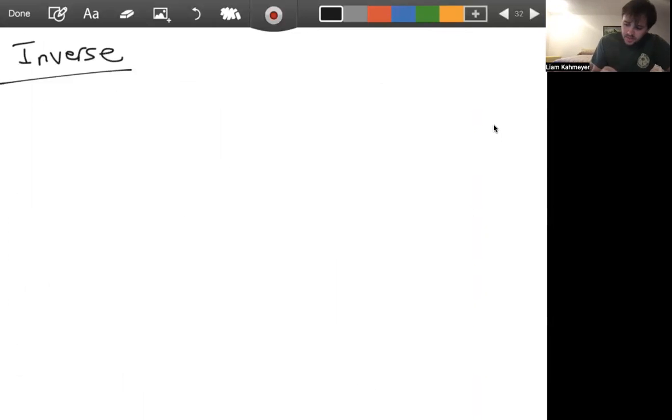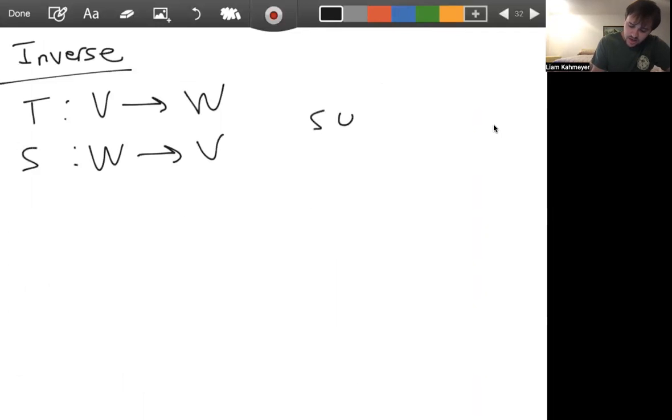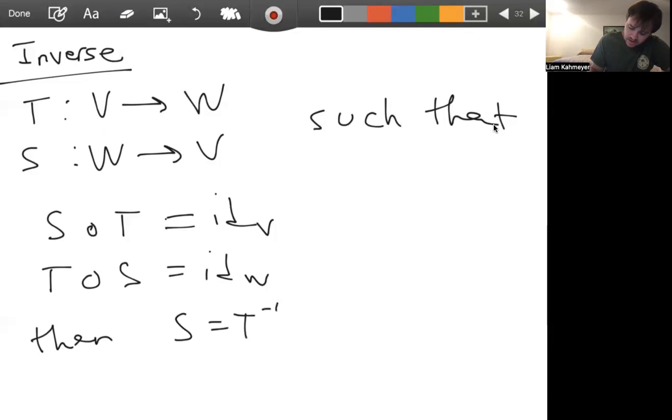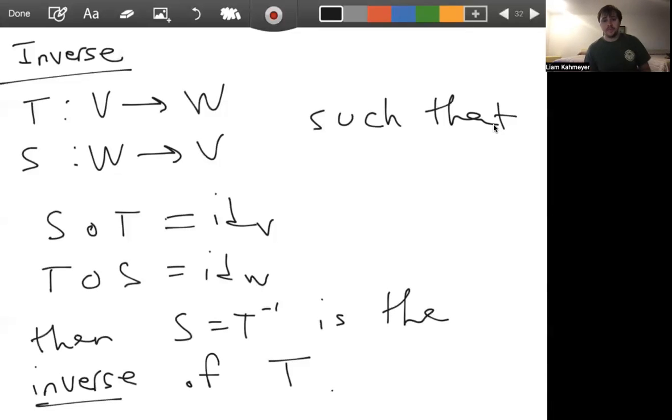If T is a map from V to W, and S is some map from W to V, such that S compose T is equal to the identity on V, and T compose S is equal to the identity on W, then S, which we write as T inverse, is the inverse of T.